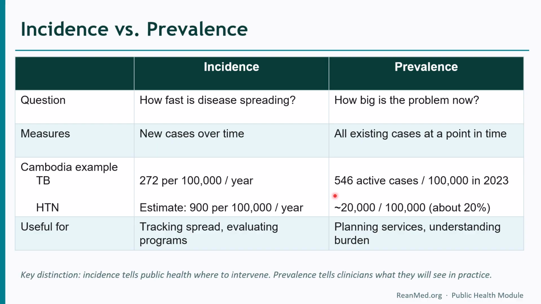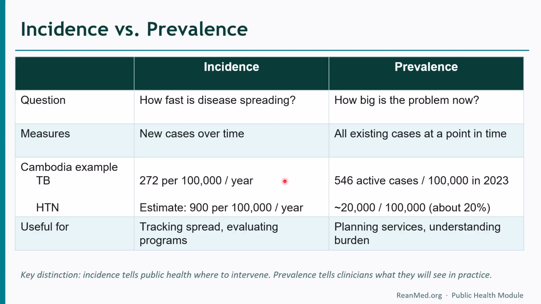However, a different study in 2023 found that there were 546 active cases for every 100,000 people in 2023. So can you see the difference? The incidence tells us the new cases. How many new people did the disease spread to? But prevalence tells us how many people already have the disease.